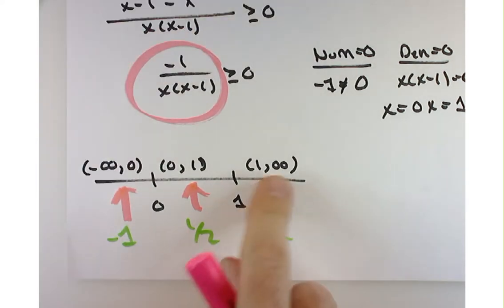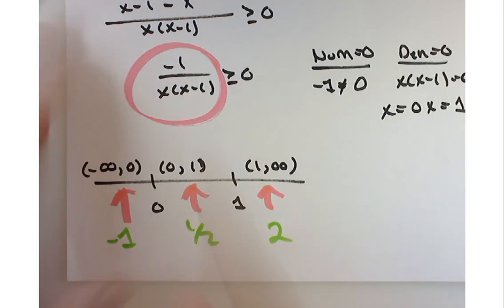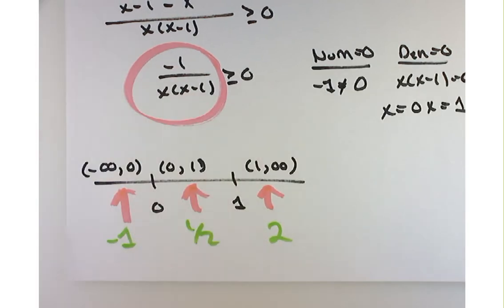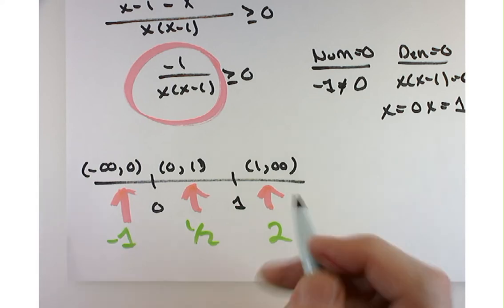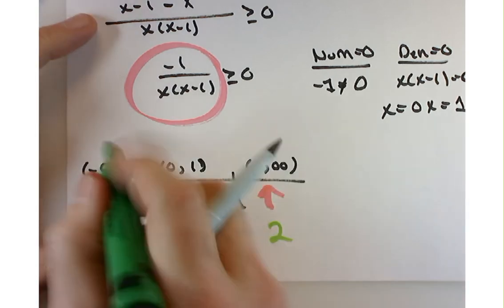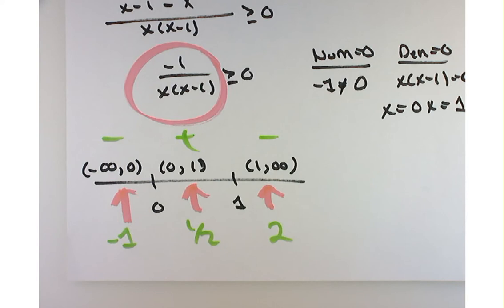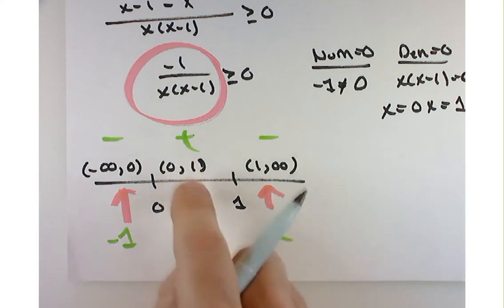You can't use 1 as a test point though, right? Because that's one of the endpoints. I'm pretty sure that this is going to calculate out to negative, positive, negative. Which interval or intervals do I want? Do I want the negative or the positive ones? Positive ones. So I want the middle interval.